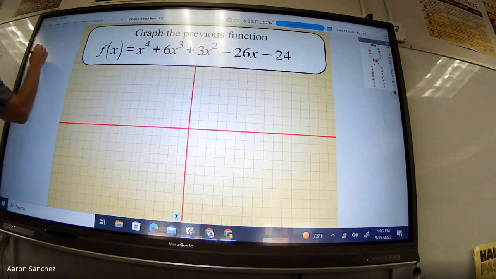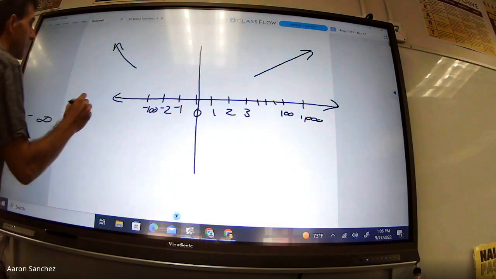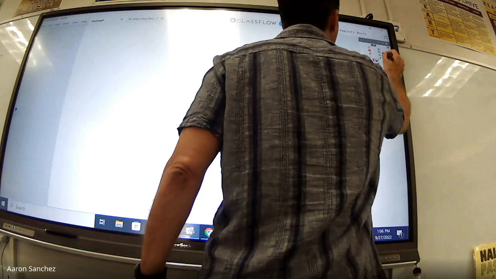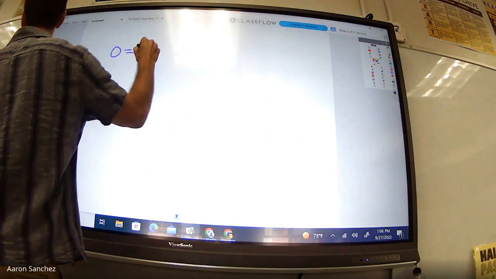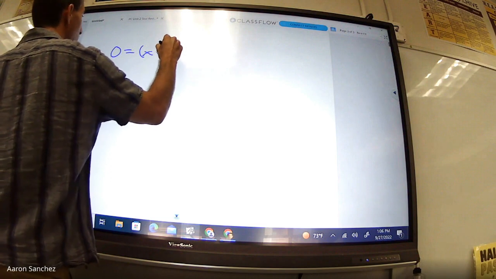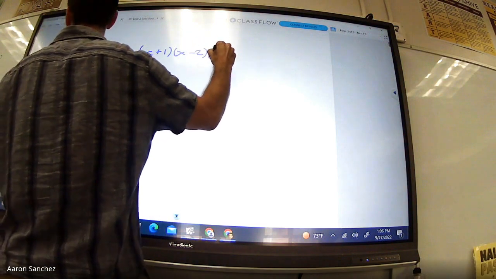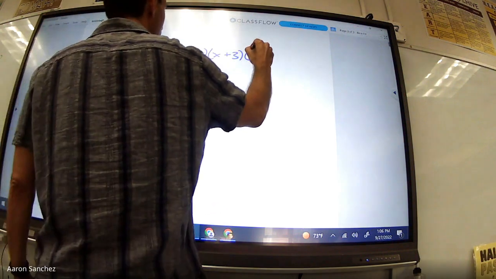X plus 1 times x minus 2 times x. Oh, you know what I'm going to do? I'm going to do it like this. I'll do it here. See if we can figure it out. Okay, so I have 0 equals x plus 1 times x minus 2 times x plus 3 times x plus 4.